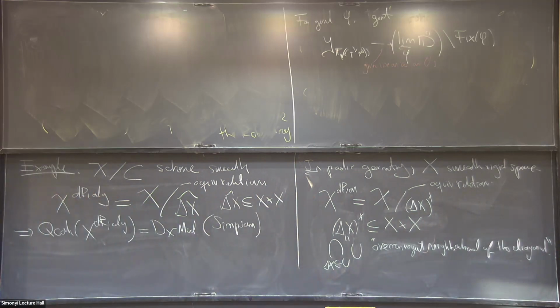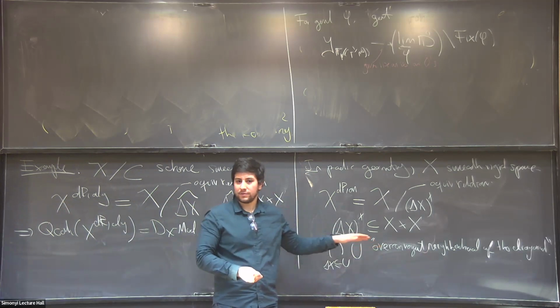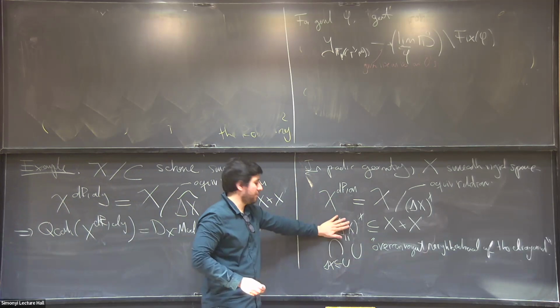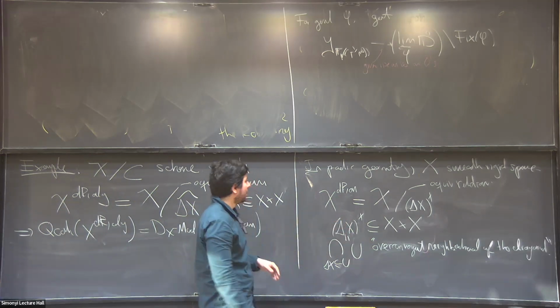Right, so in rigid geometry, as in complex geometry, we have a new feature: given a space, you cannot just talk about functions on an infinitesimally deformed space, but also you can talk about functions which overconverge around the space. So again, this one is just a topological space, given by X, but the sheaf of functions is given by these overconvergent functions on the diagonal.